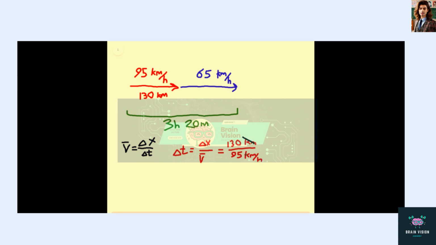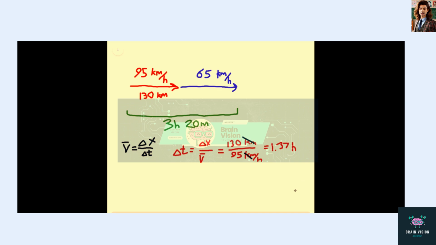The hours are in the denominator of the denominator, which is the same as being in the numerator. So you end up with 1.37 hours. All right, that's the time for the first segment.